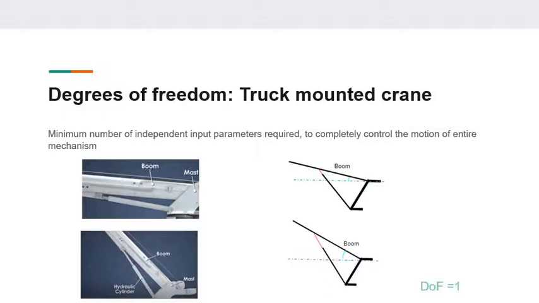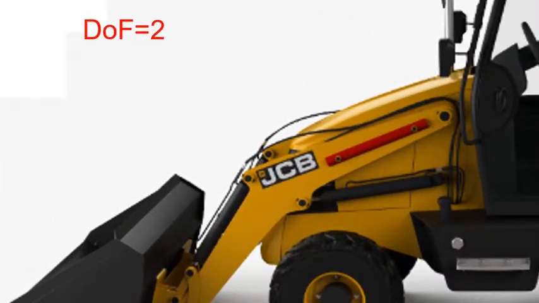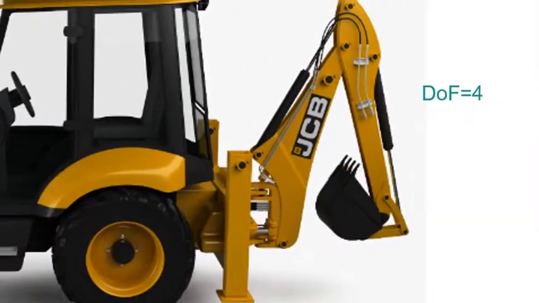So, by definition, the degrees of freedom of the truck-mounted crane is 1. Similarly, the degrees of freedom of the front loader of the JCB is 2, and for the backhoe it is 4.